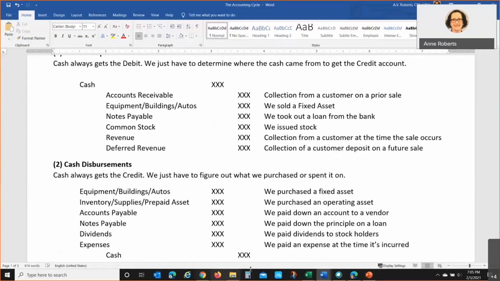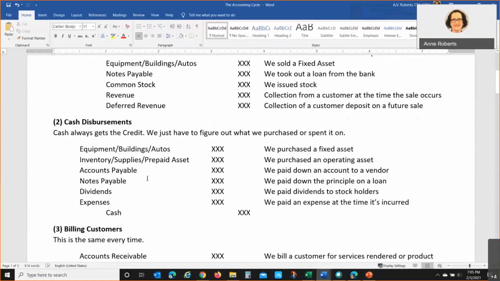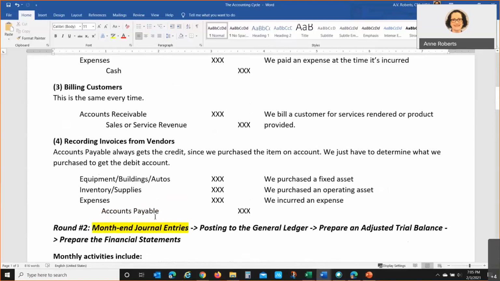That's going to be about the only two things there. If they said that we wrote a check for supplies, now we're up here in number 2, right? We've got a cash out, and we're going to record the supplies in the asset account. If it says that we purchased supplies on account, this is where we are down here. Or if it says that we took possession of supplies on account, I'm trying to think of other ways to say it without using the word purchase, since the purchase thing is throwing you off.